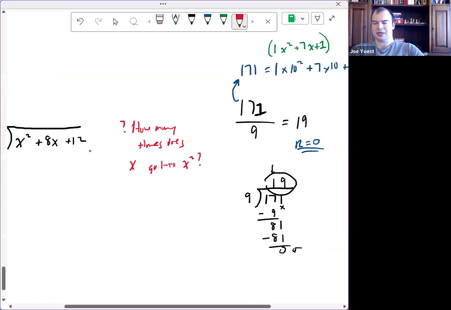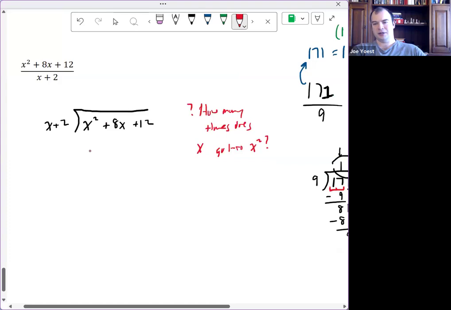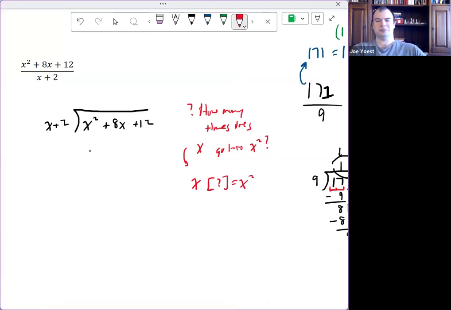This is a similar process to asking how many times does 9 go into 1 or 17. I start with the leading, the highest degree places and work my way over. And really what I mean when I say how many times does x go into x squared is x times what gives me x squared. And that's, of course, just x.